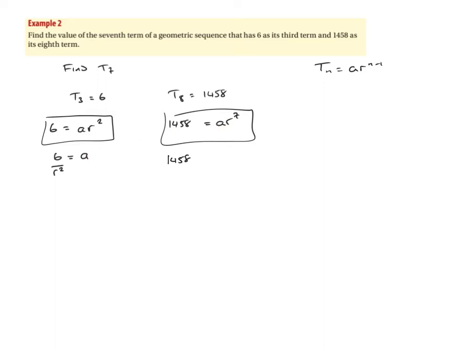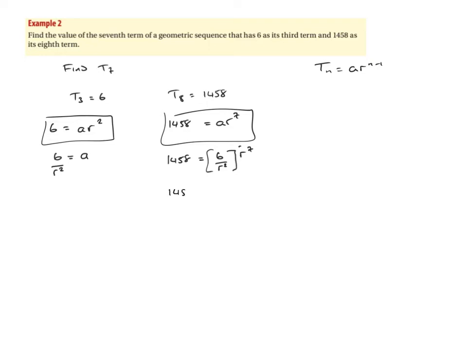So I end up with 1458 is equal to A, which is 6 over r squared, multiplied by r to the power of 7. The A comes in and replaces the A here. Once we do that, we're going to use our laws of indices.